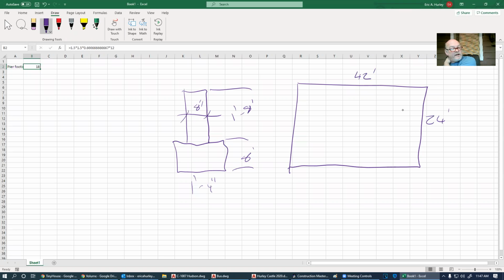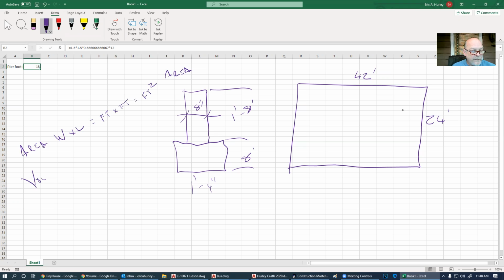So to figure this out, we want to first find the area of this. Remember that when we're trying to find area, it is basically the width times the length, which is feet times feet, which is going to give you square feet.